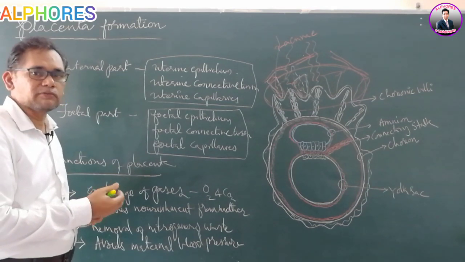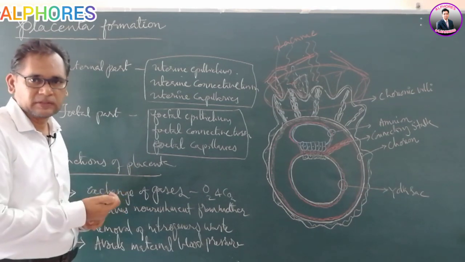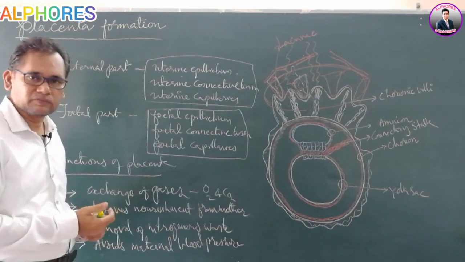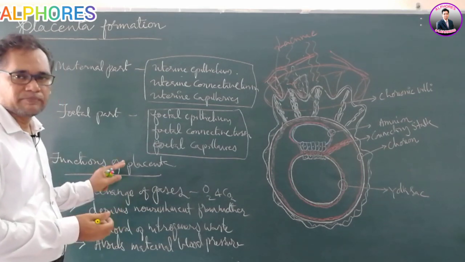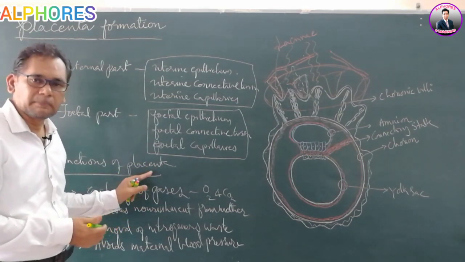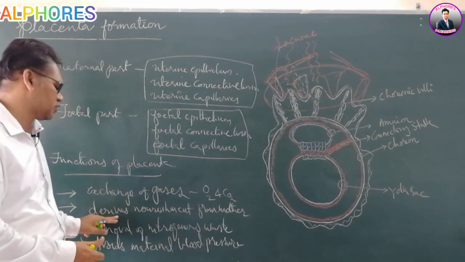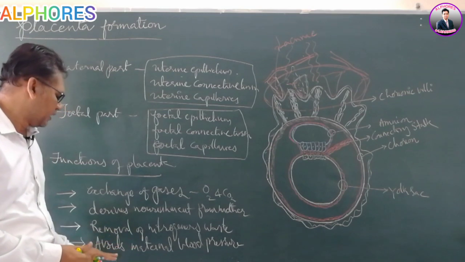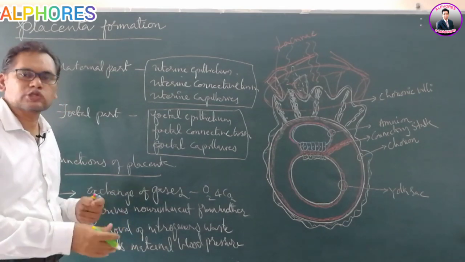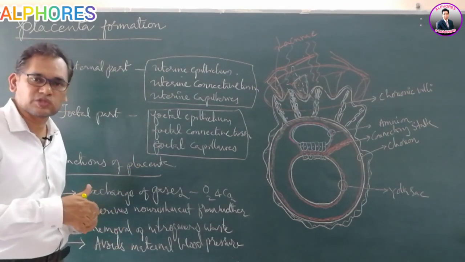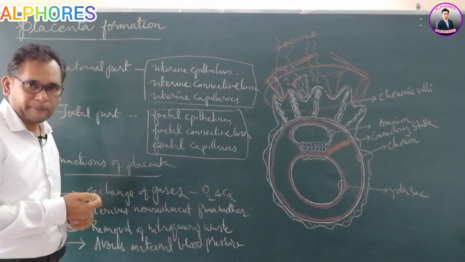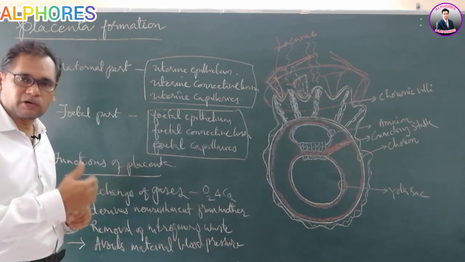This is giving passive immunity to the fetus. This placenta also helps in this process. Now these are the functions which are performed by the placenta: exchange of gases, deriving nourishment, waste materials are removed, avoiding maternal blood pressure, as well as passing some of the antibodies which are useful for passive immunity, that is IgG antibodies.